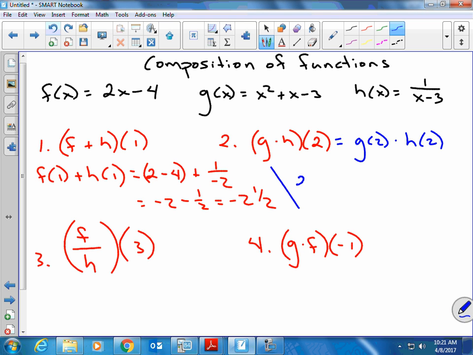Plug in 2 for x, I get 2 squared plus 2 minus 3, which is 3, times h of 2. Plugging in 2, I get 2 minus 3, which is a negative 1. And a negative 1 times 3 is equal to a negative 3. G of 2 times h of 2 is equal to a negative 3.